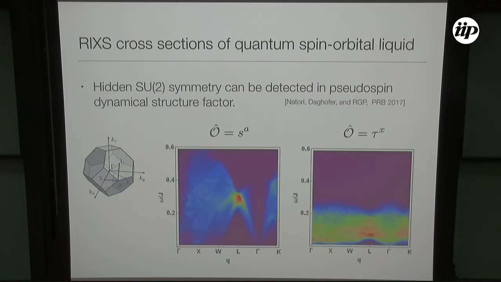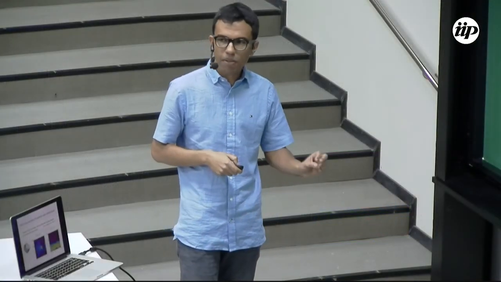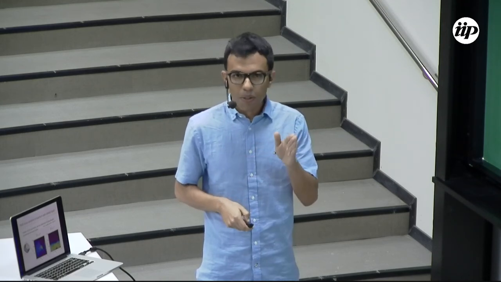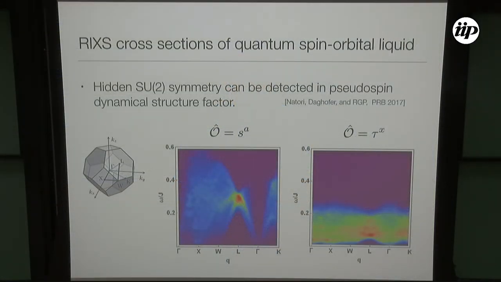Let me just give you a couple of examples. One thing you can probe from combinations of polarizations is the dynamical structure factor for the pseudo-spin S, which was different from the total angular momentum J. Remember that in this case, the pseudo-spin operator has a hidden SU2 symmetry, and this would show up in the dynamics because when you have an SU2 symmetry, something you can predict is that for Q equals 0 scattering, that is the gamma point in the Brillouin zone, the scattering cross-section vanishes.